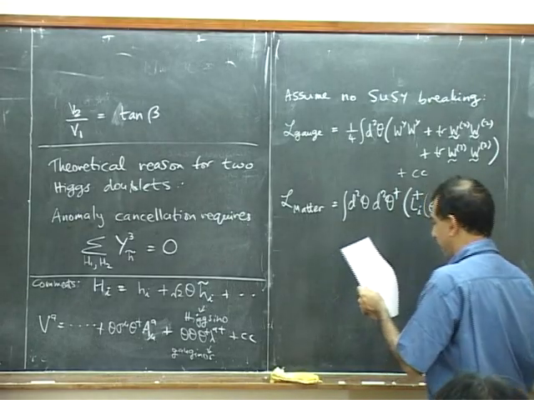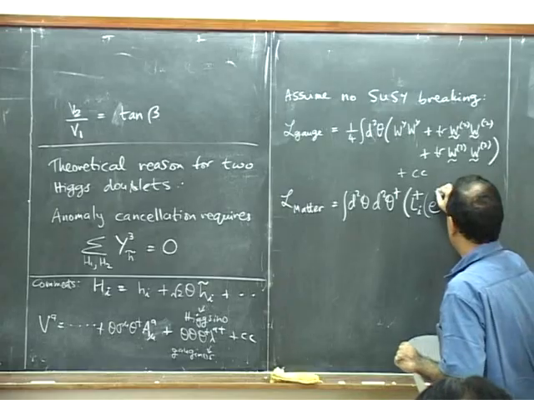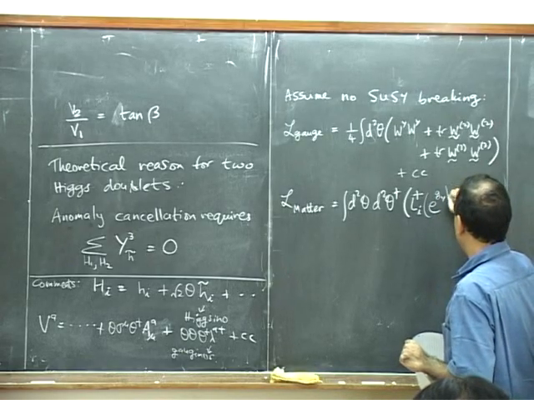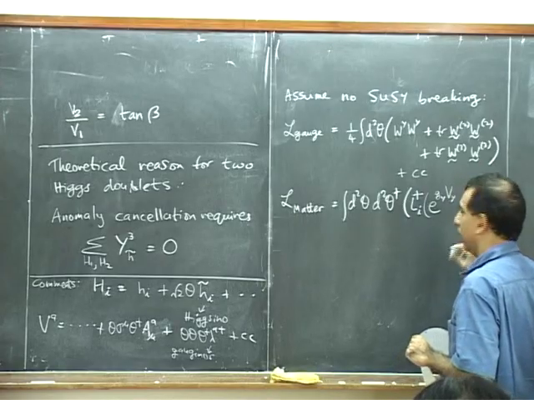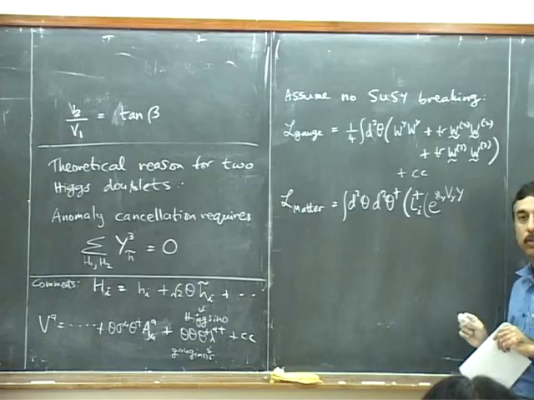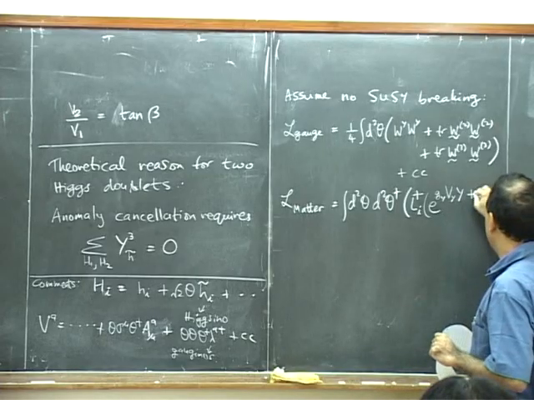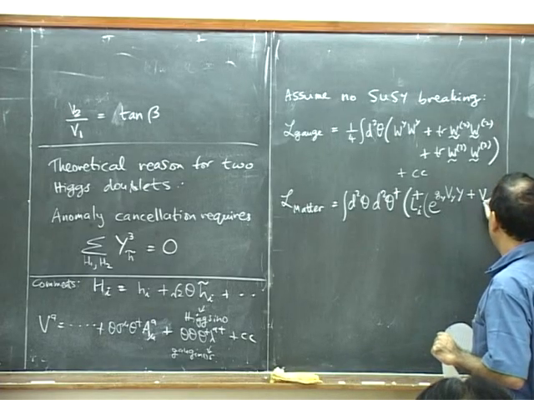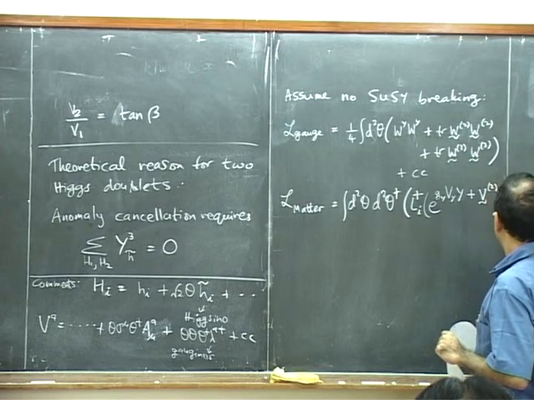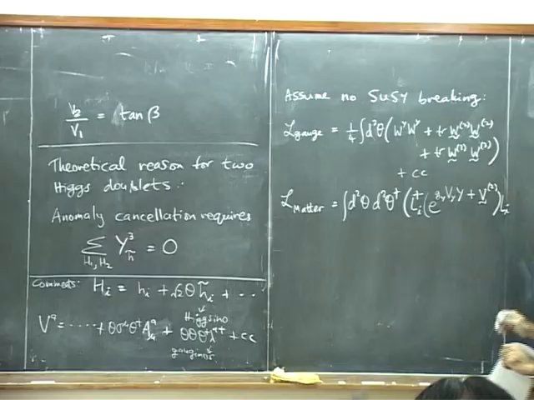Then it has to have an exponential of g1, the hypercharge coupling, times V_Y, the hypercharge gauge superfield, times Y, the hypercharge value of that field. We've done this before, plus g2 tilde V2 times L_i. So here's an example.